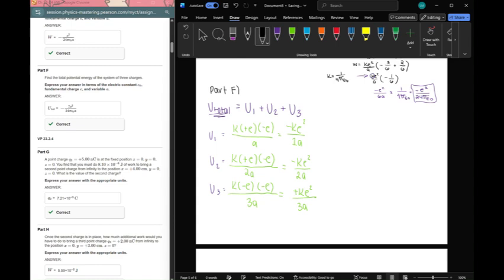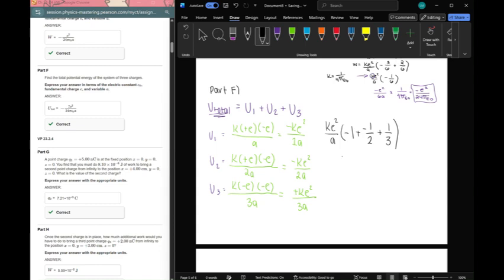So now we're gonna add these all together. I'm gonna factor everything out of KE squared over A. Then negative 1 plus negative 1/2, plus 1/3, because we're basically factoring them out.